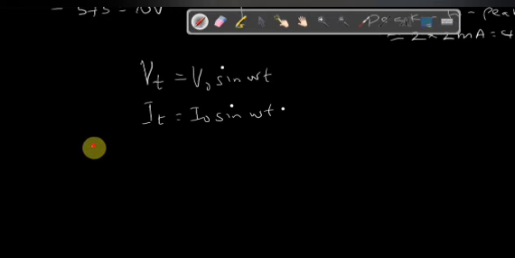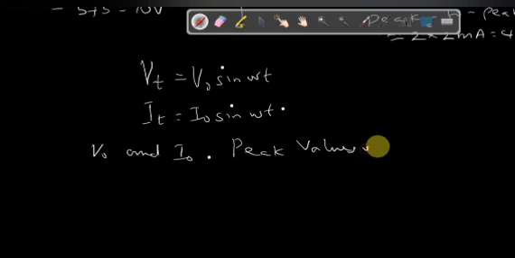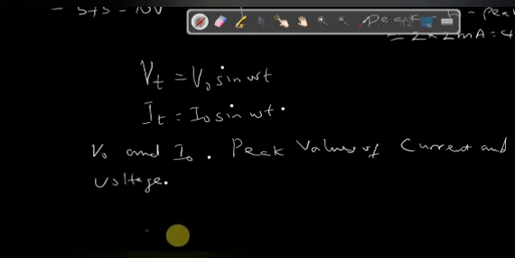We already know that V0 and I0 are the peak values of current and voltage.